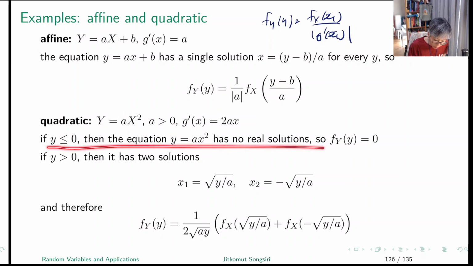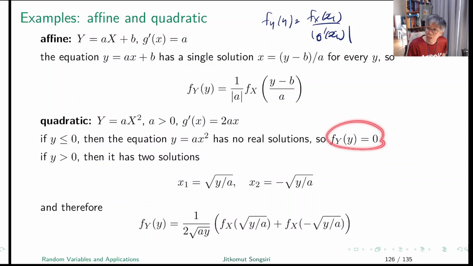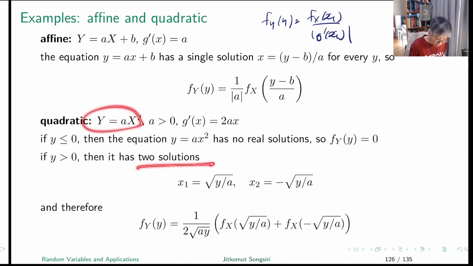So we can rule out that when y is negative, the density must be 0. This is kind of deriving the support of y. When y is positive, you're gonna solve for the roots of this quadratic equation. So it has two roots when y is positive, the positive root and the negative root.